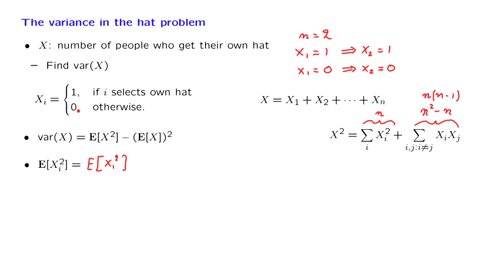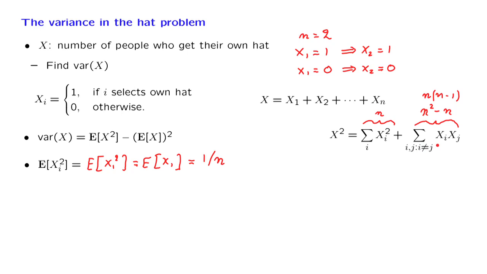So X1 squared will always take the same numerical value as the random variable X1. This is a very special case, which happens only because a random variable takes values in 0, 1, and 0 squared is the same as 0, 1 squared is the same as 1. This expected value is something that we have already calculated, and it is 1 over n.